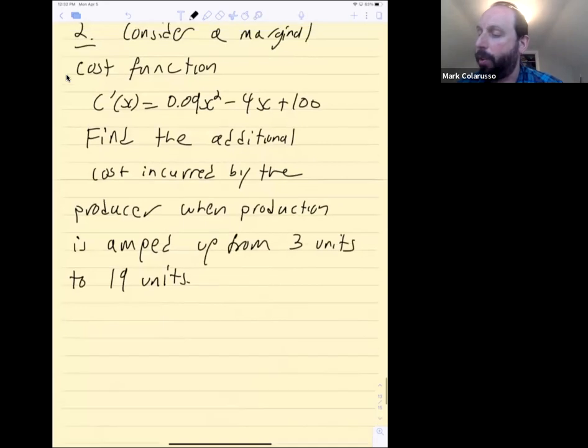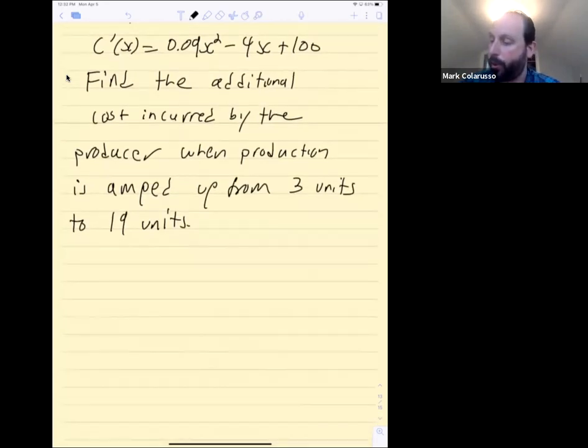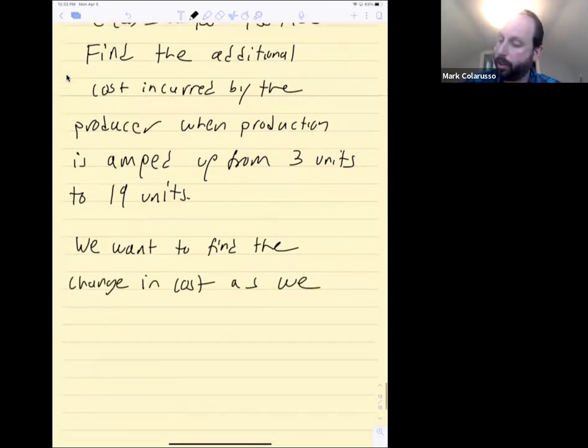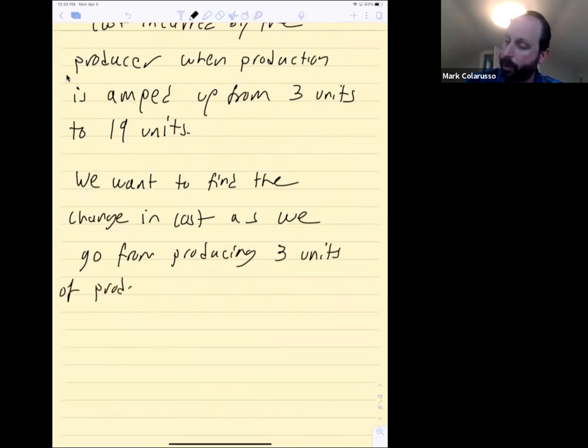Okay, so let's actually try to figure this out. What is it asking us to do? We want to find the change in cost as we go from producing three units of product to 19 units of product.